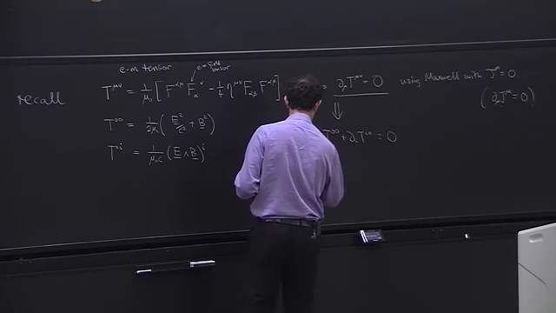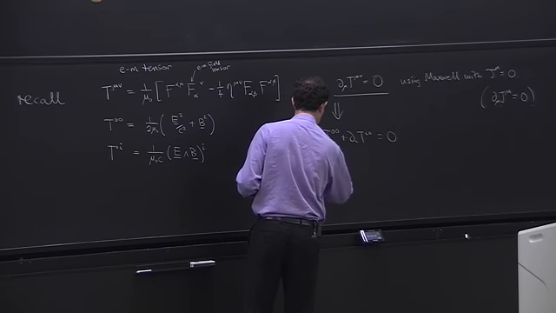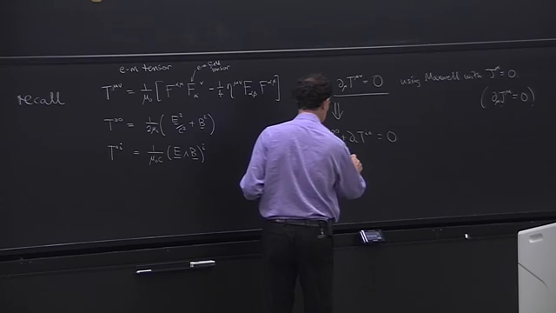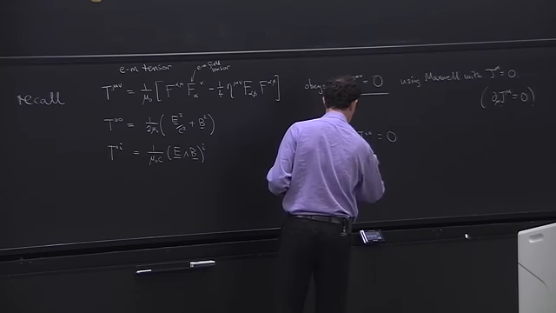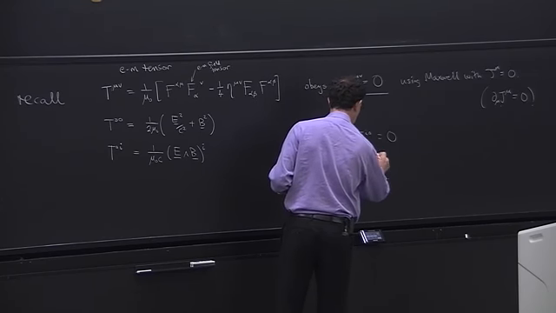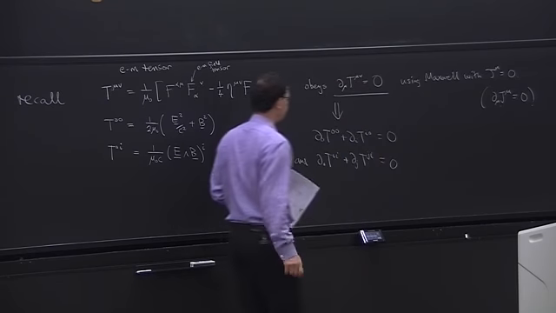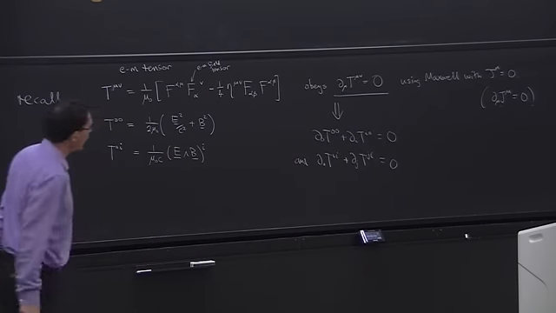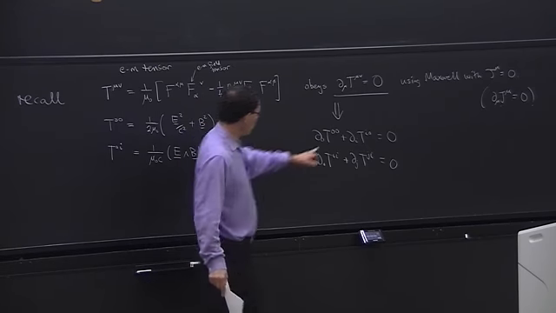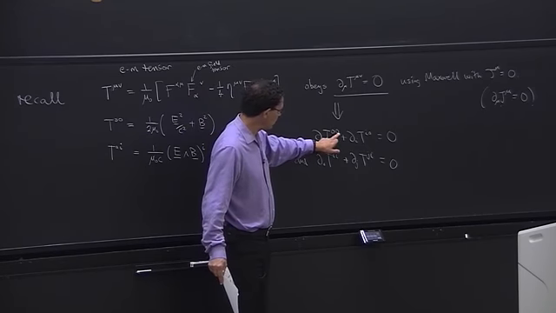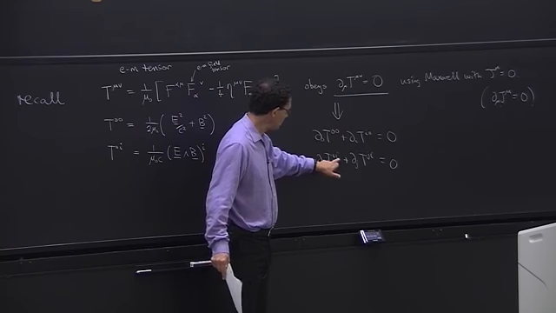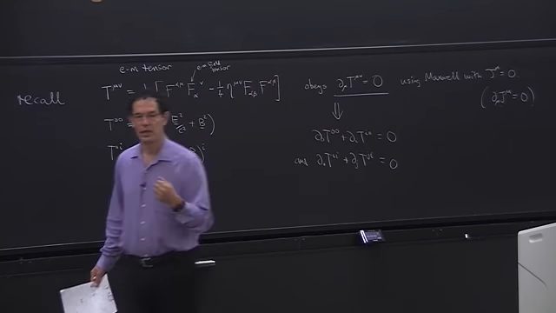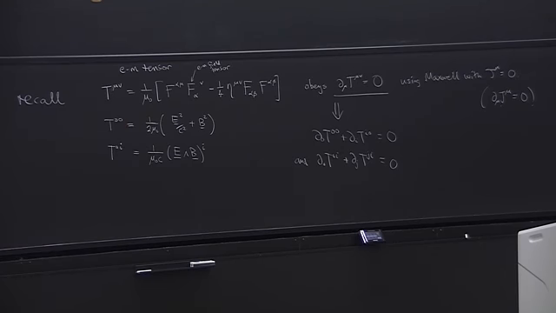And for nu equals I, it means d naught of T naught I plus d j T j I equals 0. So actually here I have 4 equations: the equation for nu being naught, and the equations for nu being 1, 2, or 3. There are 4 conservation laws.